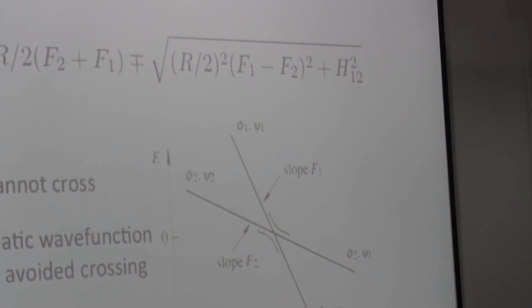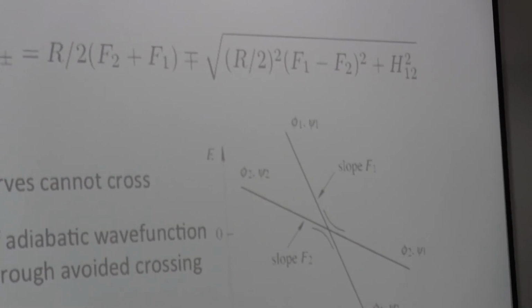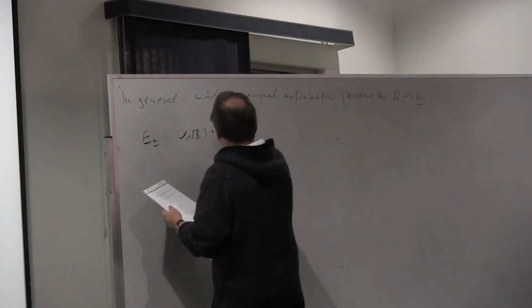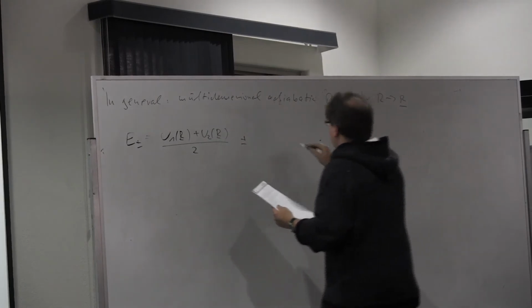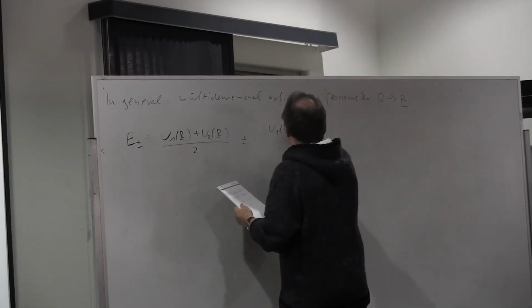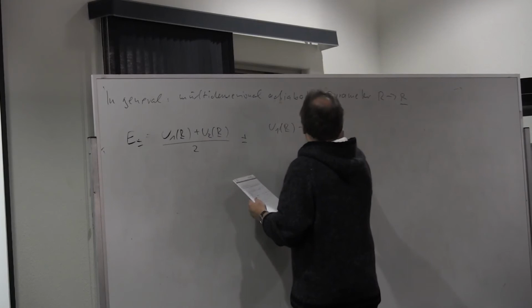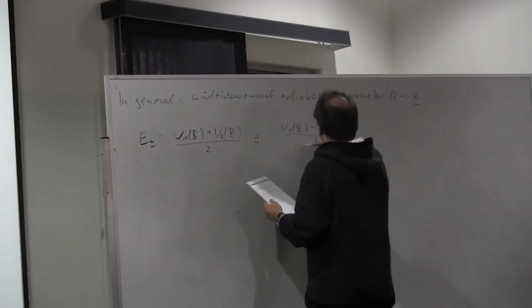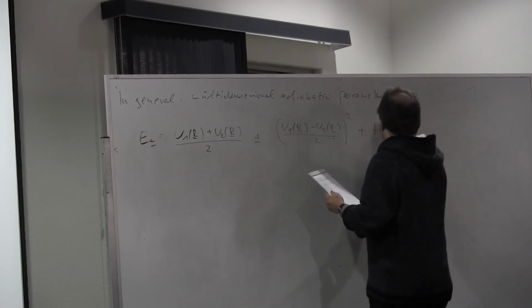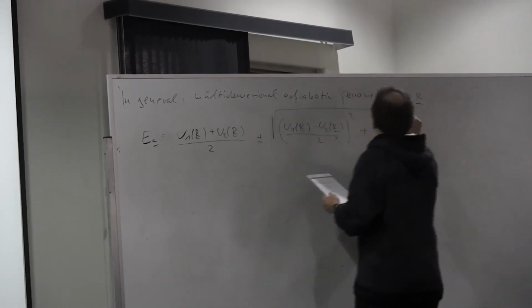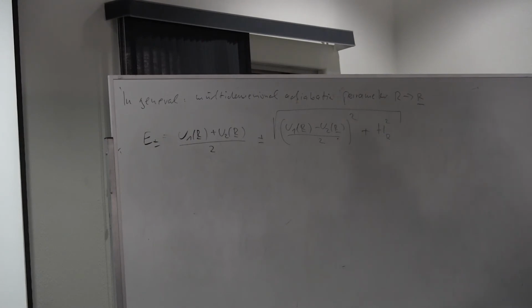So E plus minus, two channels, is then U1 of R plus U2 of R, by 1/2, plus minus U1 of R minus U2 of R, by 1/2 squared, plus the coupling matrix element squared, and that's again, of course, your square root.